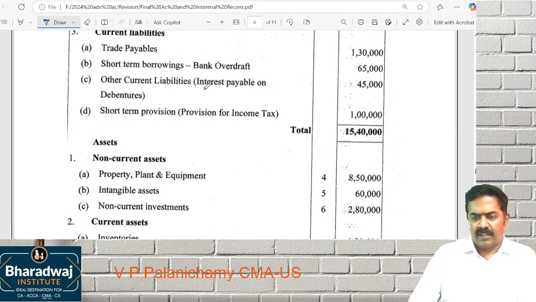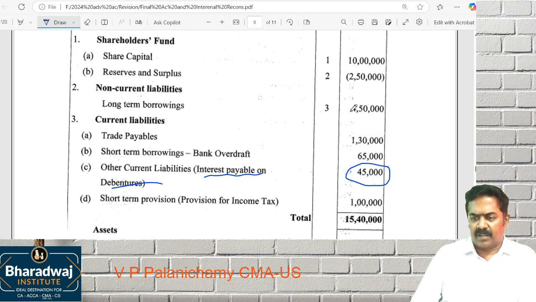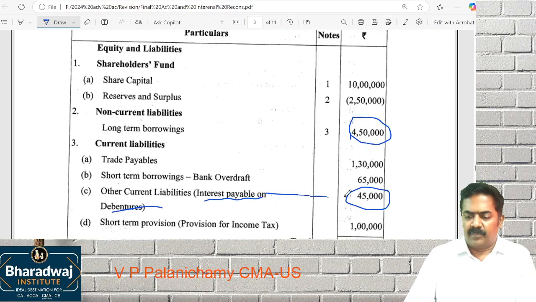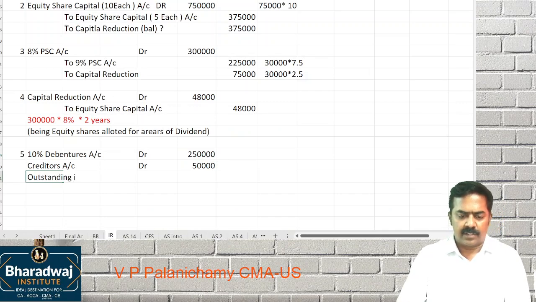It is given as interest payable on debentures, on the liability side. Interest payable 45,000 is for 4,50,000 face value, so this person, holding 2,50,000, has 25,000. Outstanding interest account debit proportionately 25,000, to X account. What is the total?